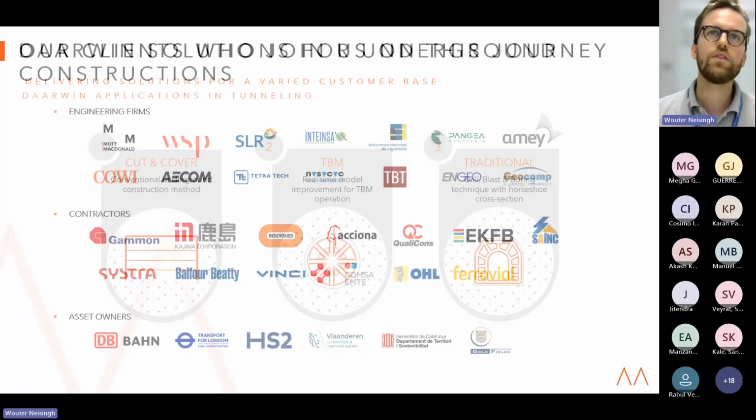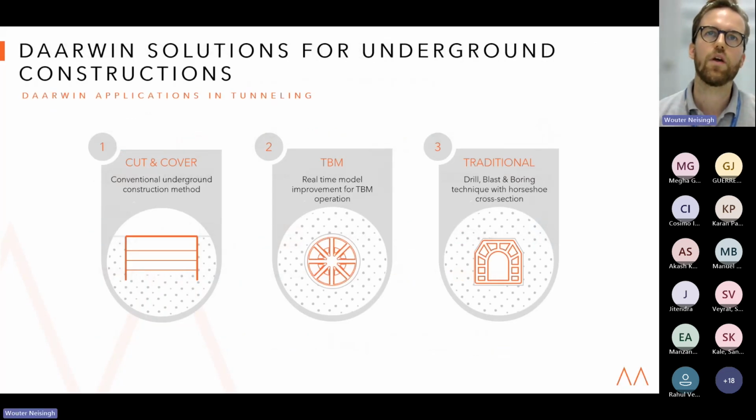So if we talk about underground construction, where Daarwin is applicable to be deployed is the following three cases. In the first place, we have the more traditional cut and cover type of technology. It's a conventional underground construction method. The second part is a specific TBM solution where we deliver a real-time model that improves the TBM operations.